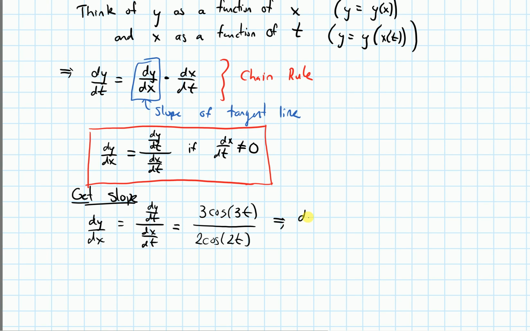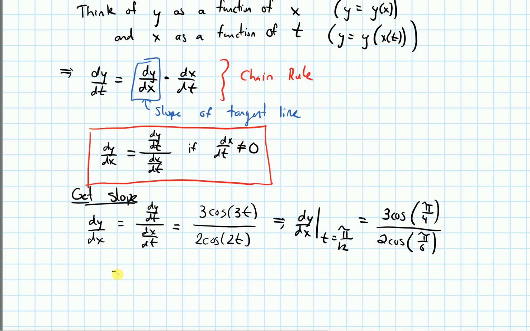But we want to know what dy dx is at the point when t equals pi over 12. So now I plug that in, and we get 3 times cosine of 3 times pi over 12, which is pi over 4, divided by 2 times cosine of 2 times pi over 12, which is pi over 6.